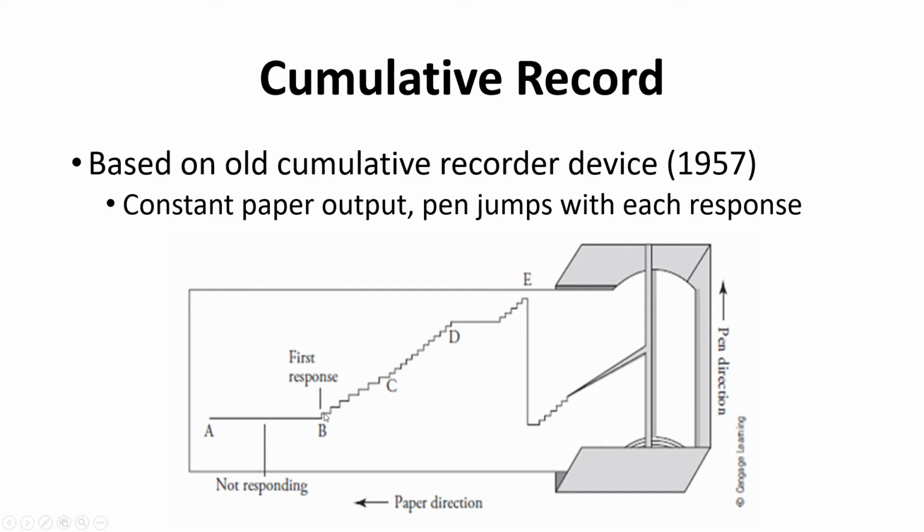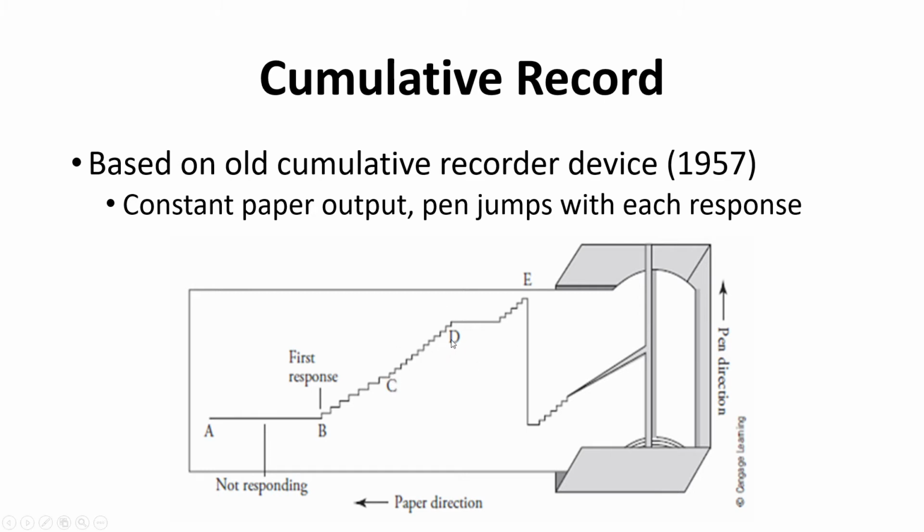And so we can see a rate of responding based on the slope of this line. Between B and C, they're responding maybe once every 5 seconds. But then over here, our responding is much, much quicker. So the steps are smaller, which means that the button is being pressed or the lever is being pushed more and more close together.